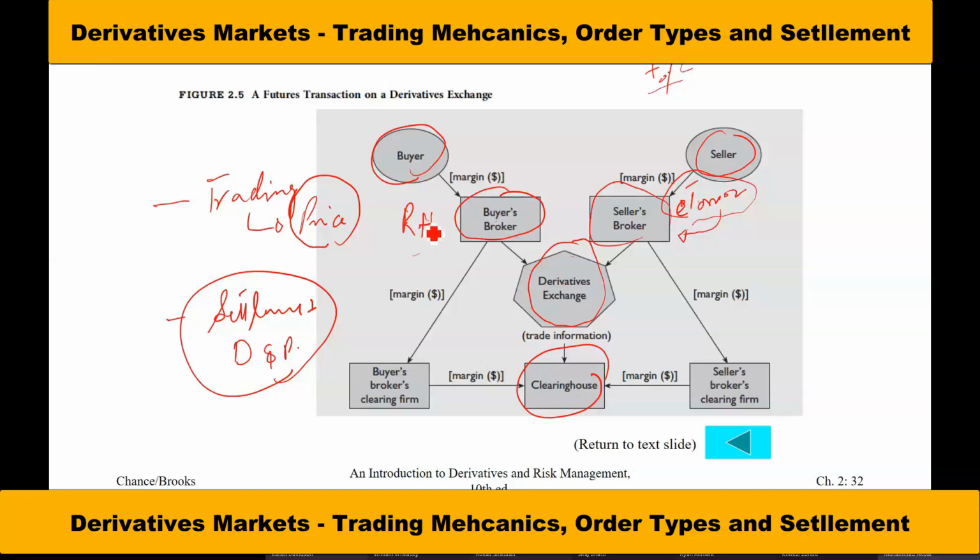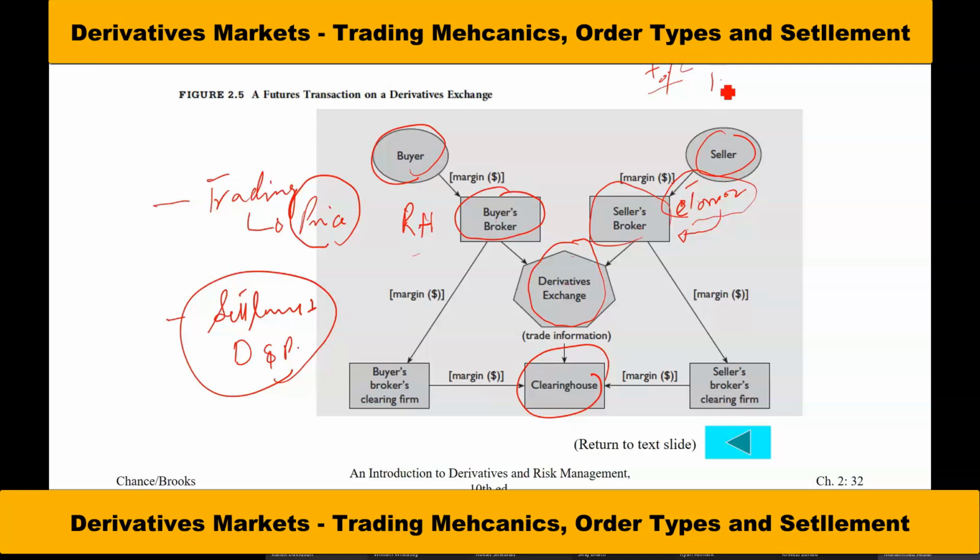But for the sake of this example, we are assuming that these two have exchange memberships and they have exchange presence here. They have seats on the exchange, in other words.